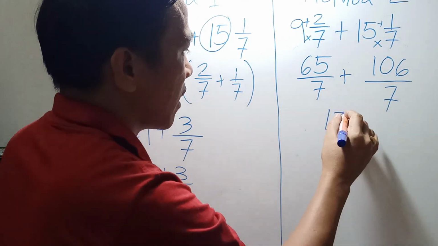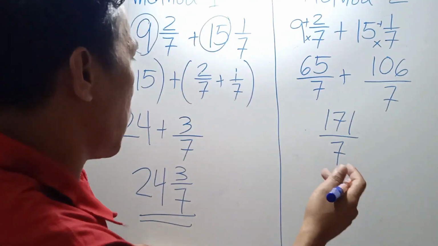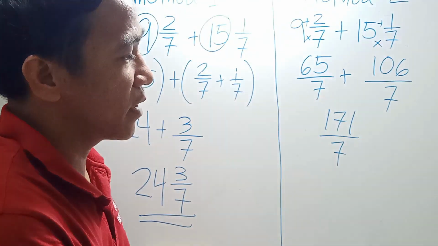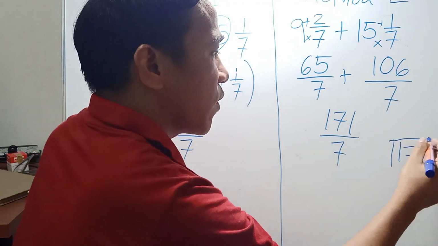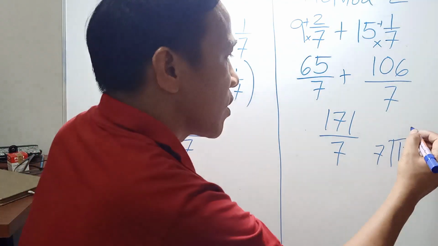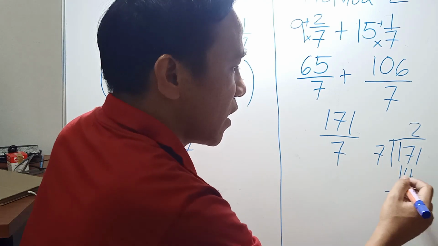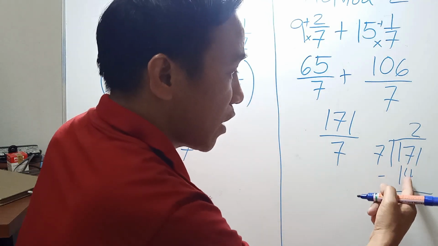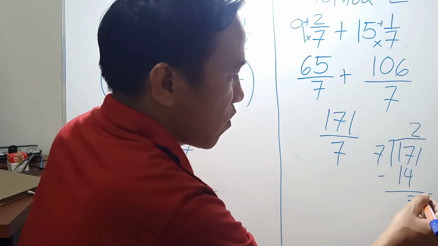So 171 over 7. And then you're going to divide it. Okay? What is 171 divided by 7? So you can get 2 times 7 is 14. So 7 minus 4 is 3, 1 minus 1 is 0, bring down the 1.